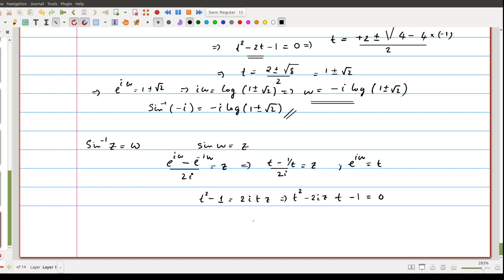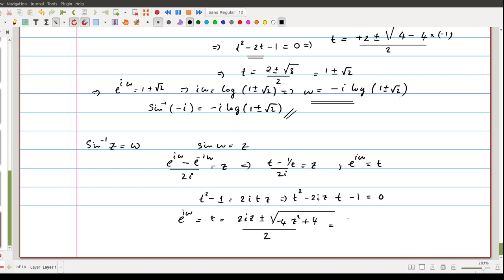Now we will get the value of t, which is nothing but e power i omega. t can be obtained from this quadratic equation as negative b, that is 2iz, plus or minus the square root of b square, that is minus 2iz whole square, minus 4ac, 4 times 1 times minus 1, that will be 4 minus 4 z square, whole divided by 2.